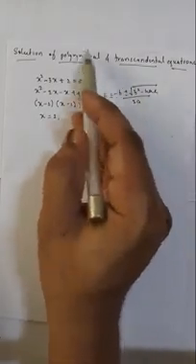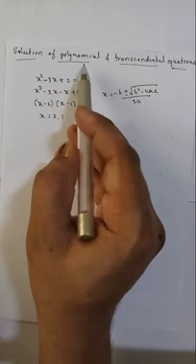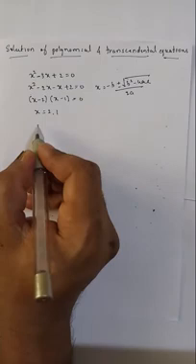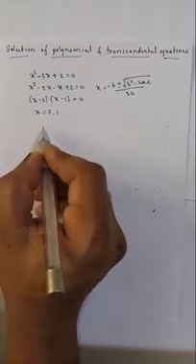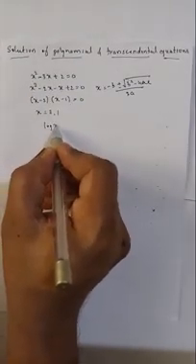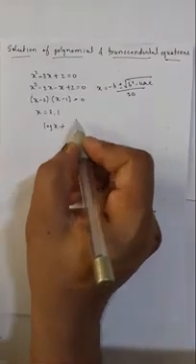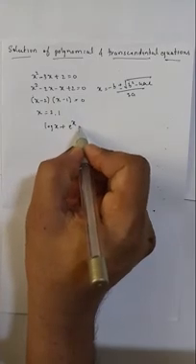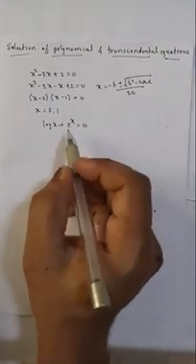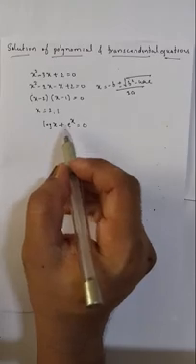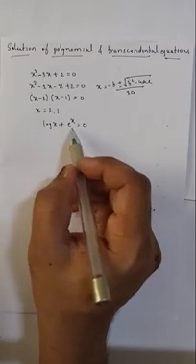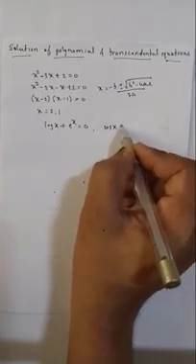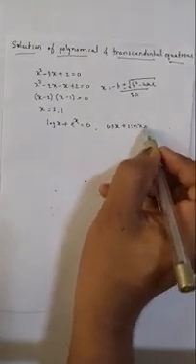And this is for polynomials. The transcendental equations are, suppose, equations containing logarithmic functions, for example log x plus e raised to x equal to 0. This equation contains a logarithmic function and also an exponential function, and some equations may contain trigonometric functions like cos x plus sin x equal to 0.